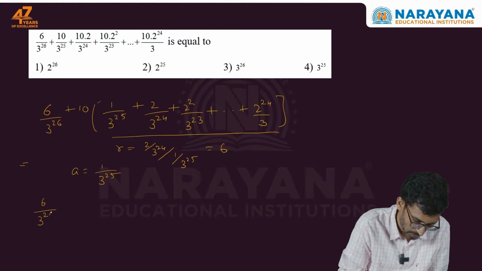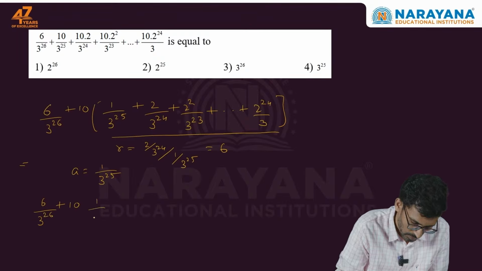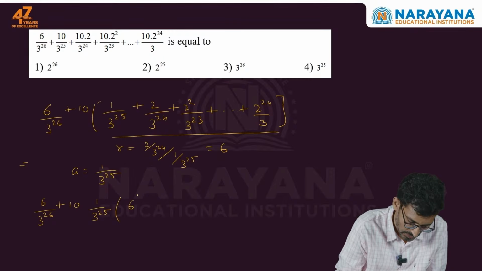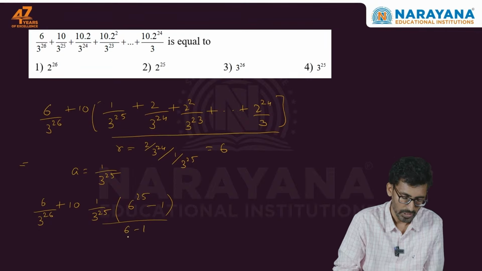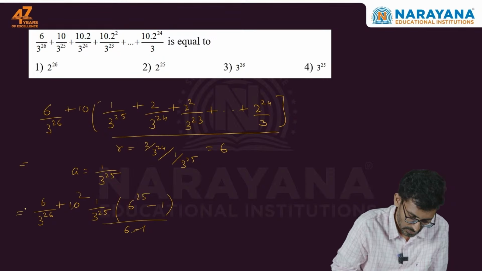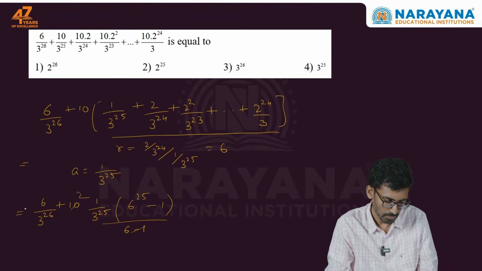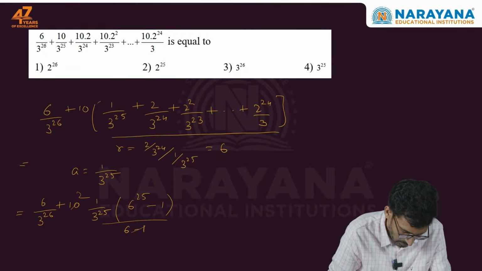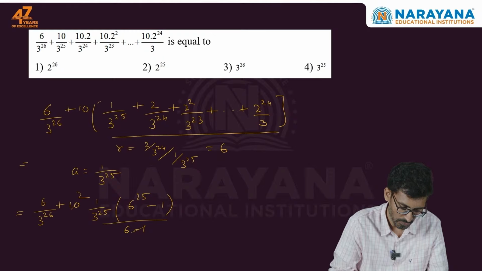6 by 3 power 26 plus 10 into, what is the first term? 1 by 3 power 25 into r power n minus 1 by r minus 1. So 6 power 25 minus 1 by 6 minus 1. Here we are getting 5, and 5 twos are 10. So here we have to simplify this. 6 by 3 power 26 plus 2 into 1 by 3 power 25 into 6 power 25 minus 1.